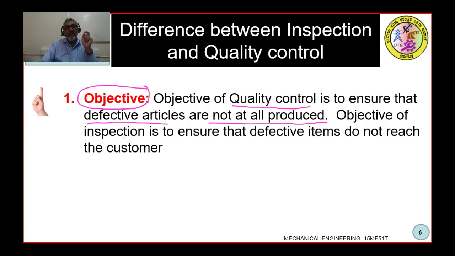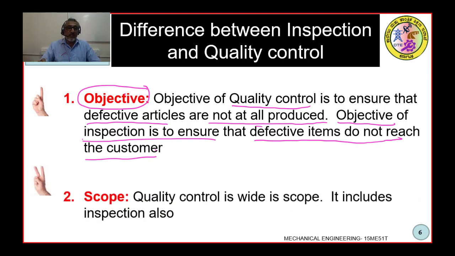On the other hand, the objective of inspection is slightly narrow. The objective of inspection is to ensure that the defective items do not reach the customer. That means even if the defective articles are produced, they should not reach the customer. So that is the objective of the inspection function.